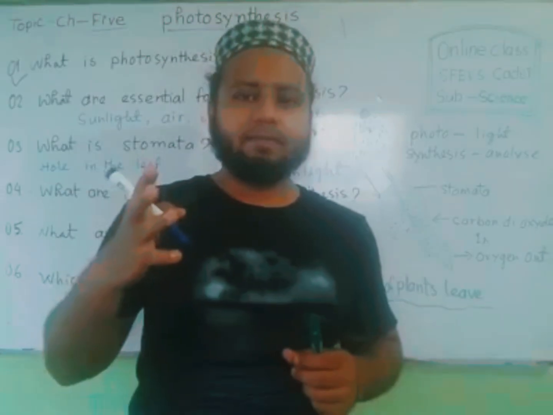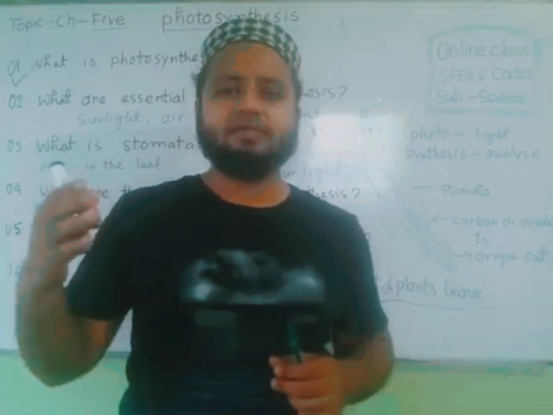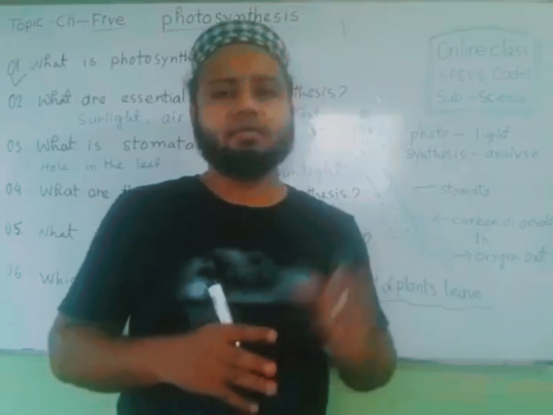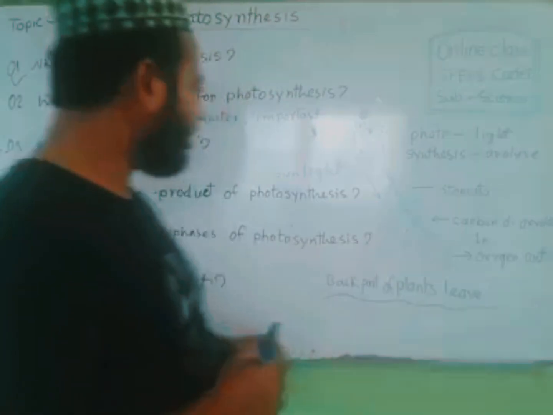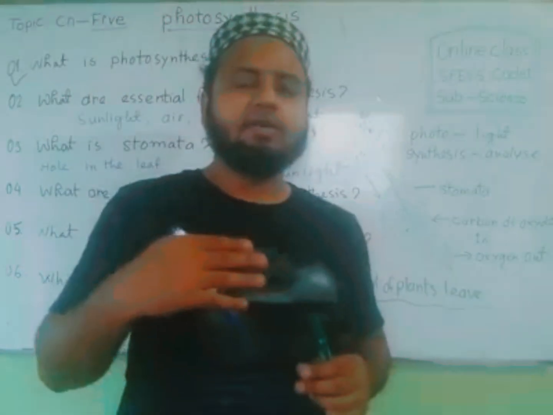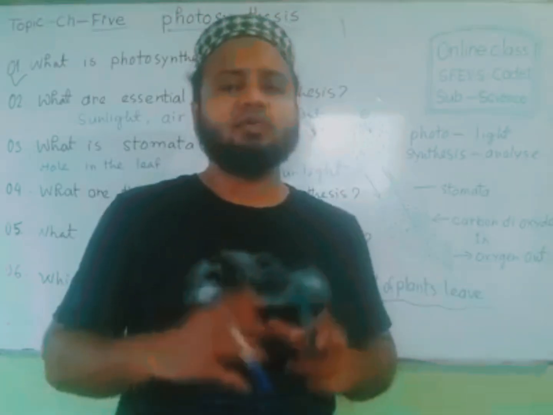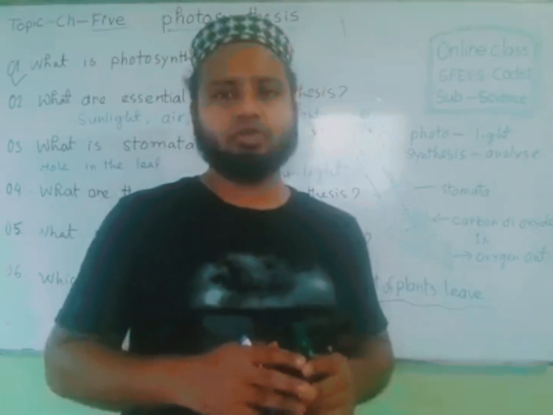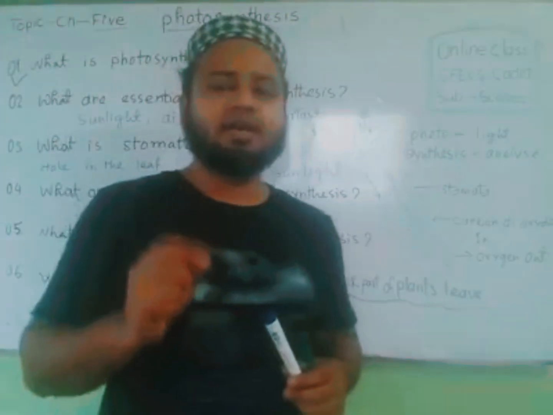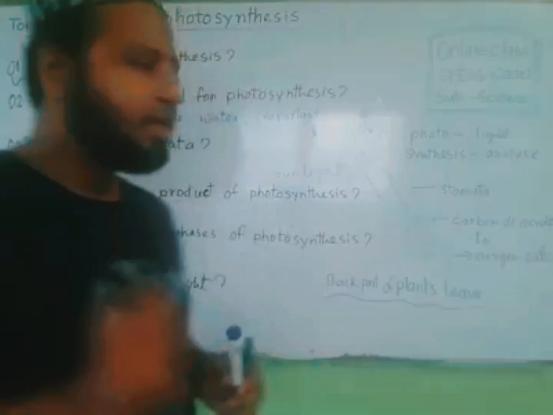They release oxygen, and they absorb carbon dioxide from air through the stomata. They also release extra water in the form of vapor through the stomata. So stomata are the holes of leaves.